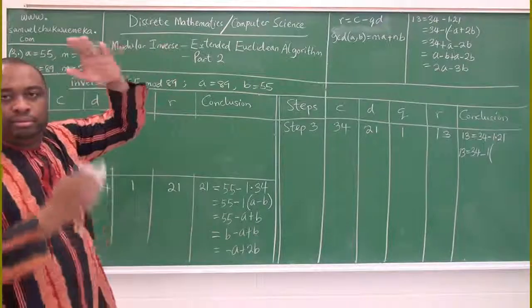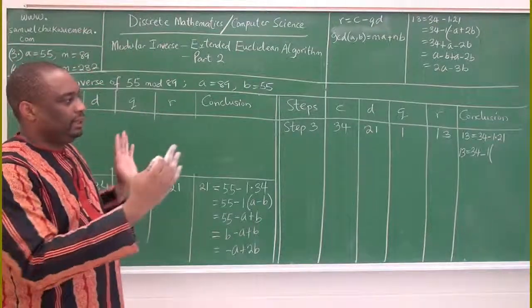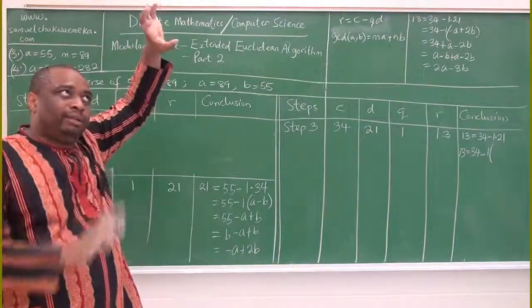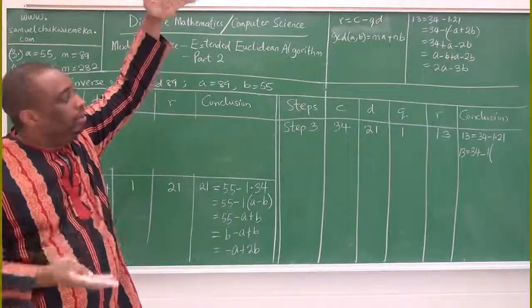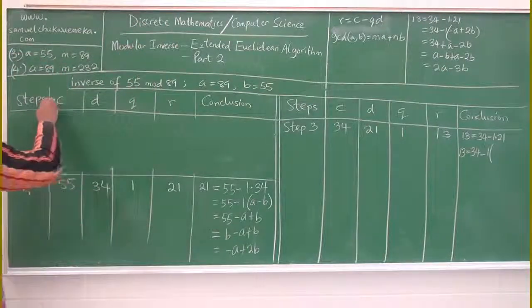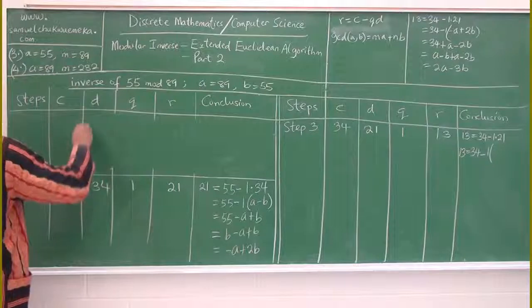But you know, it's good. I have to erase it because of the space of the board. If you're writing this on paper, it's good you have it as one nice table.